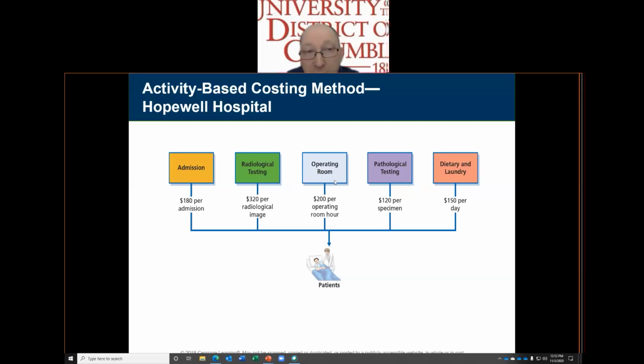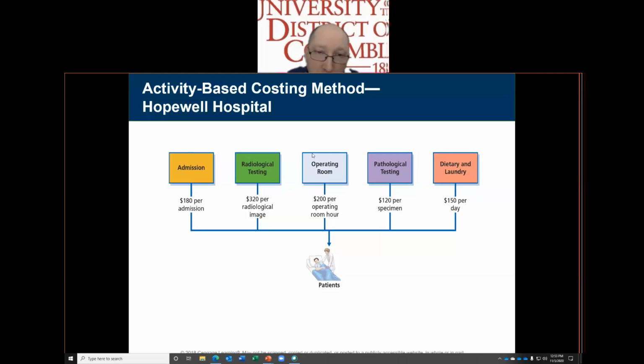Each patient utilizes individual activities. Obviously, not all the time, but this is basically how hospitals figure out the cost of having a patient in that hospital, based off of their respective services that they receive.